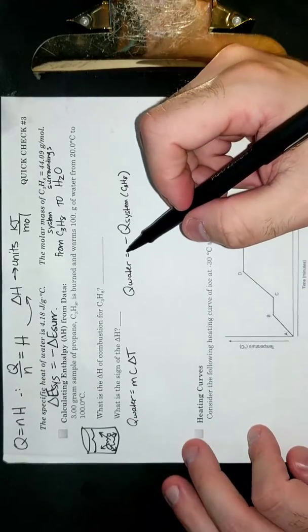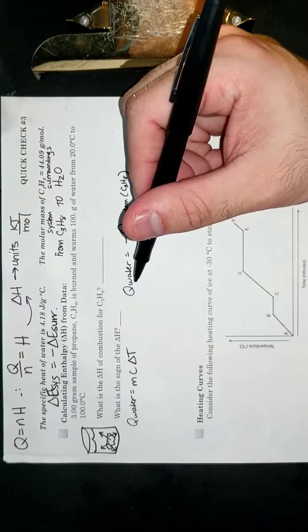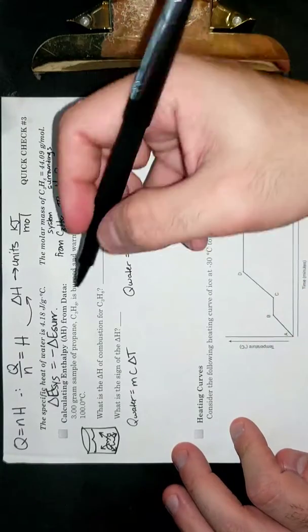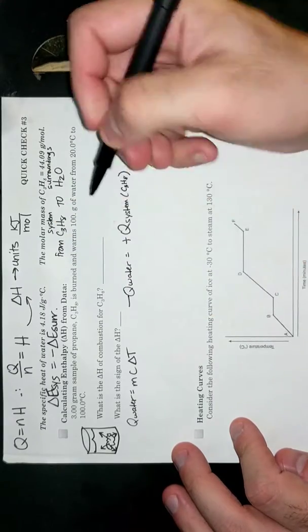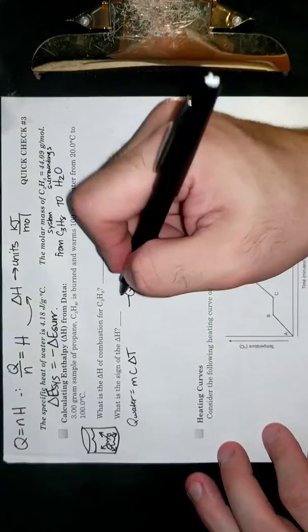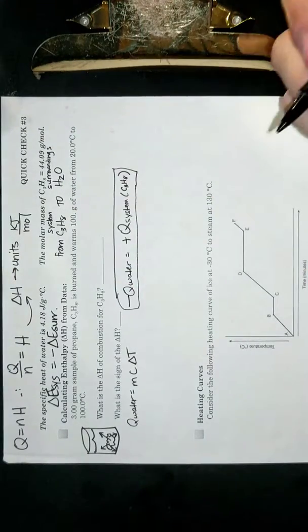So negative Q of the water is going to be equal to Q of the system. Whatever happens to the water, the opposite is happening to the system because the energy is coming from the system.